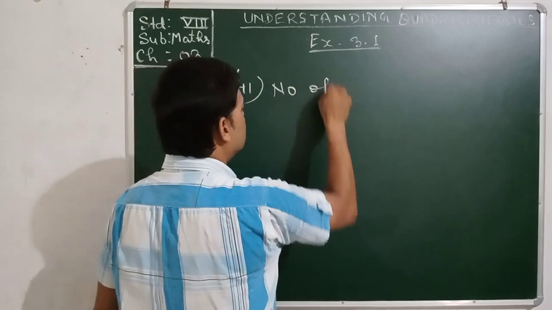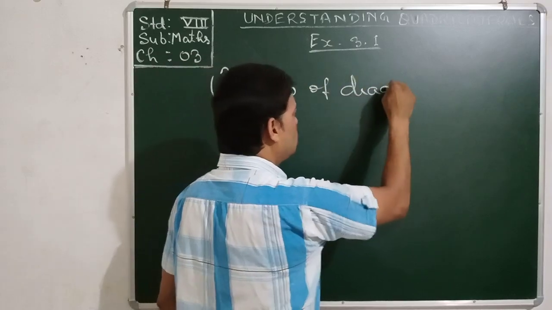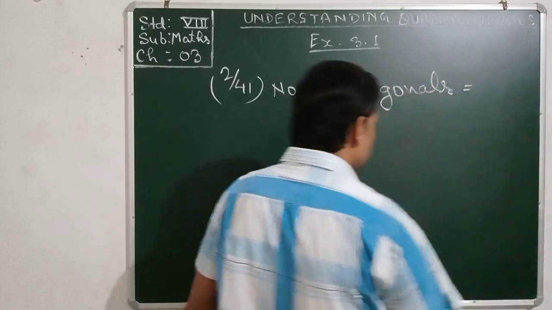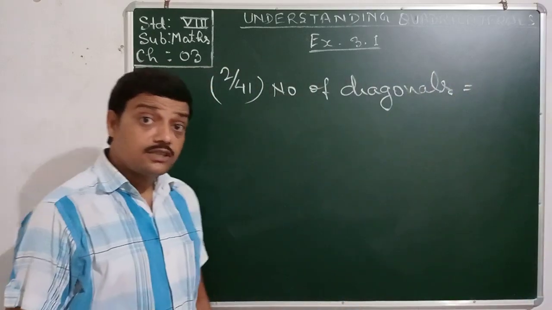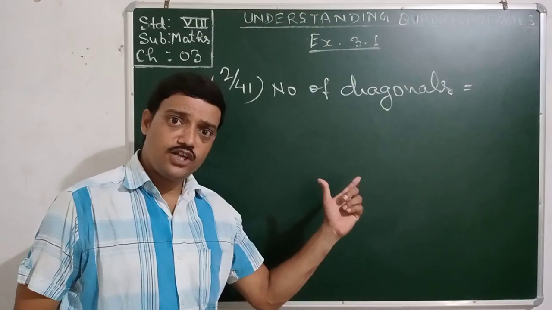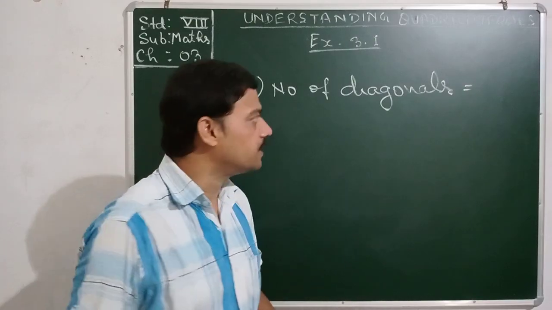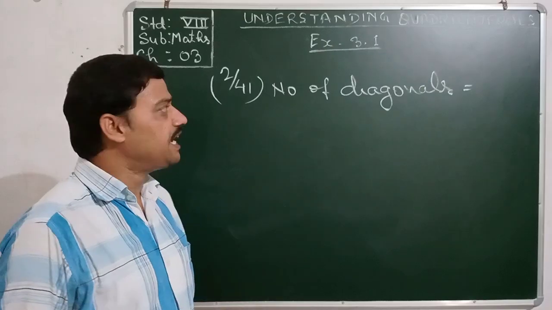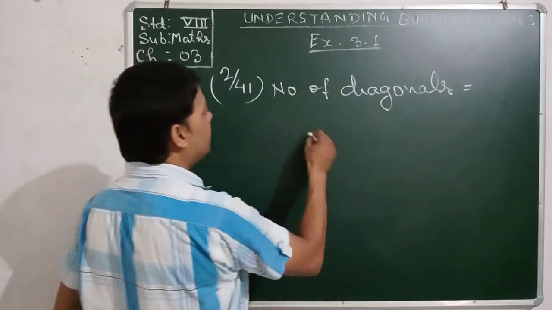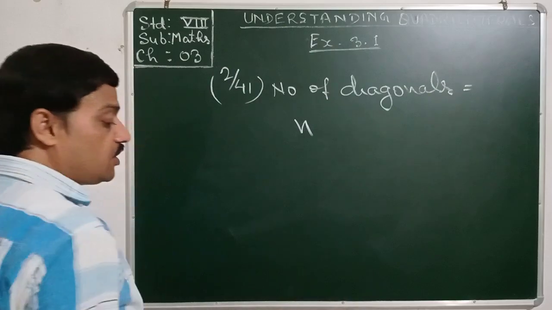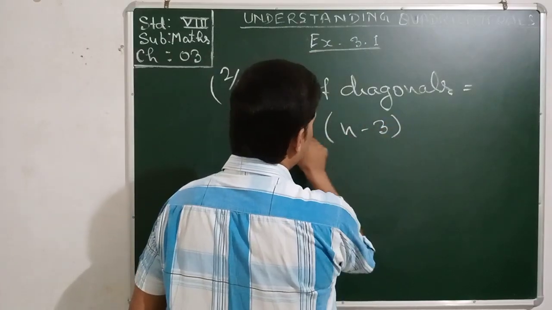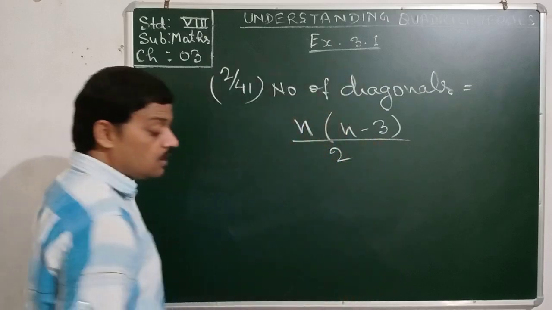Number of diagonals equal to, as I had explained while explaining the chapter, if the number of sides of the polygon is n, the number of diagonals will be n into n minus 3 by 2.